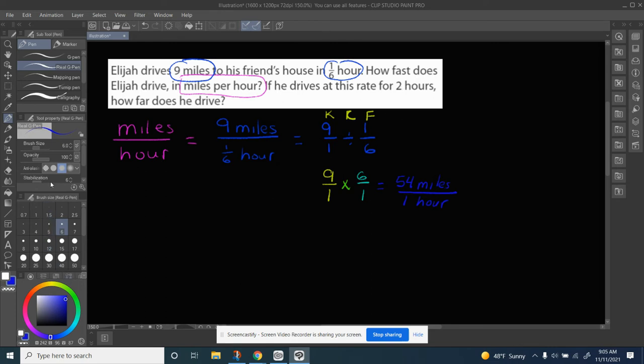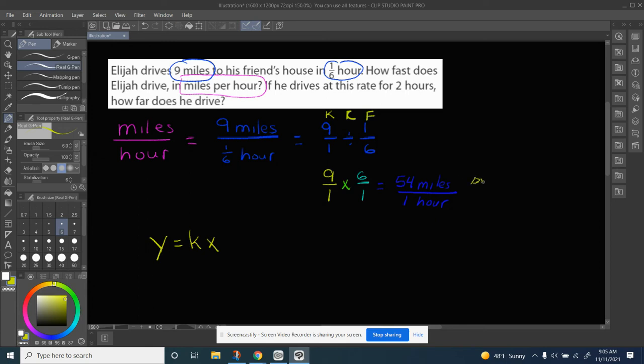Well, what this does is this puts us into the perspective of a proportional relationship. So we have to remember that the proportional relationship is some sort of y equals a k value times x. And what this means is that we can figure out the miles, this would be the y, right?